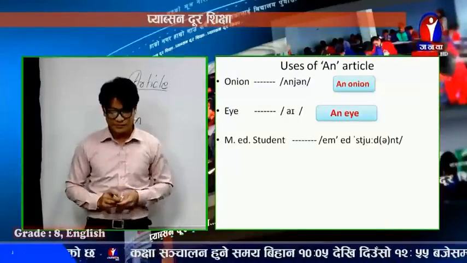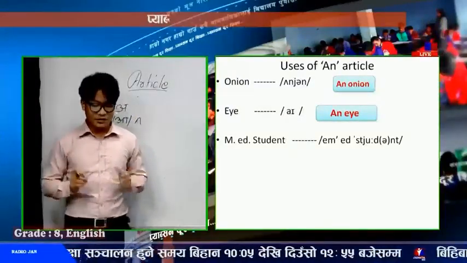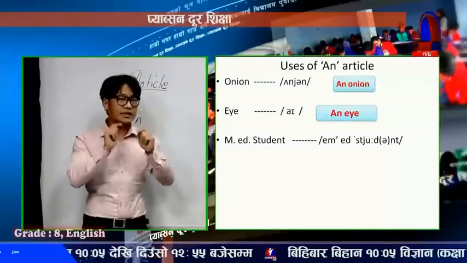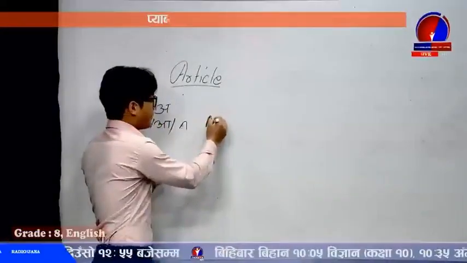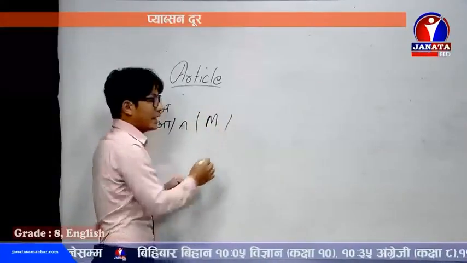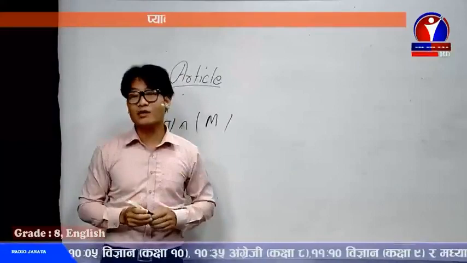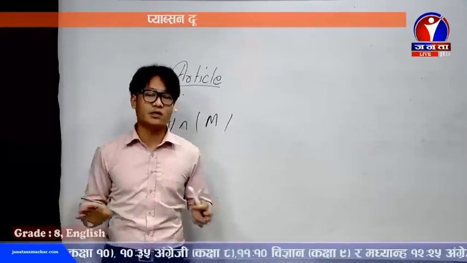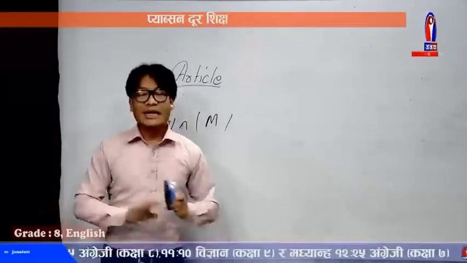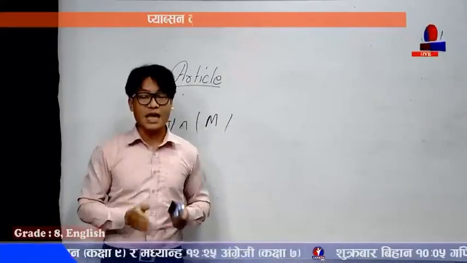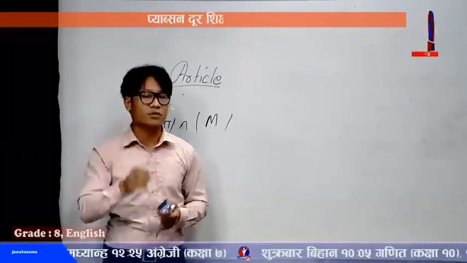Next, M.A. student, an M.A. student. The question here is that M is a consonant letter. I have told you that we are not going to use indefinite article according to the letter. We are going to use the article according to sound.